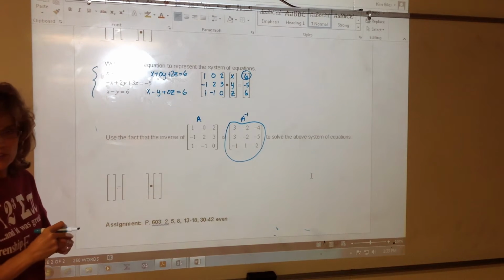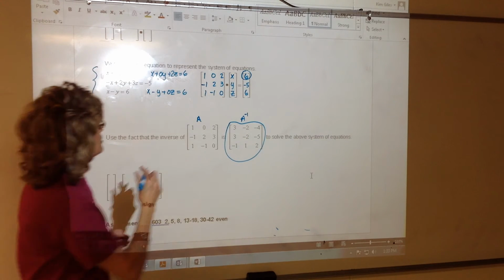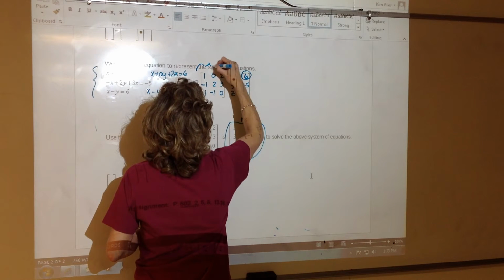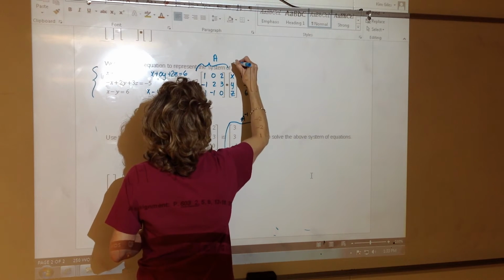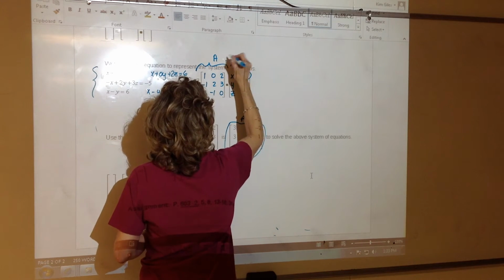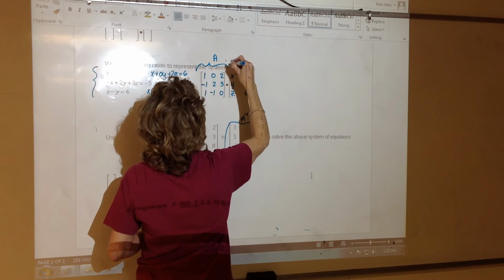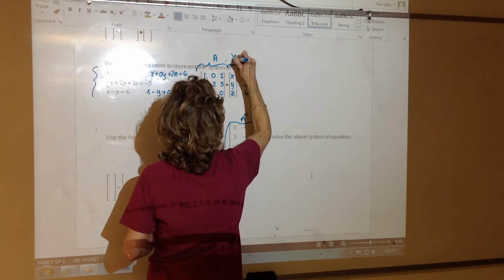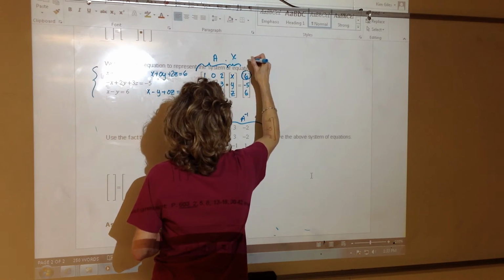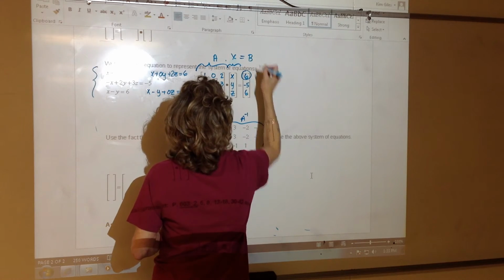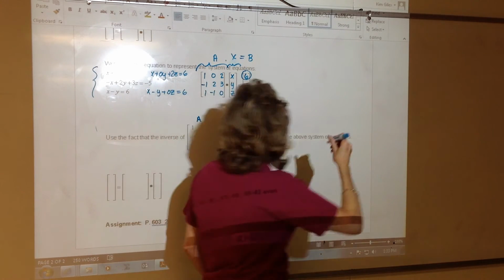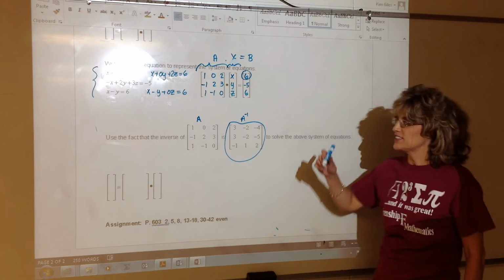Remember the process that we're going to use to solve a matrix equation. This one is matrix A. The thing we're looking for is our variable matrix. We're going to call it X. And our solution matrix equals B. I'm going to go through this again, just so it sticks with you.